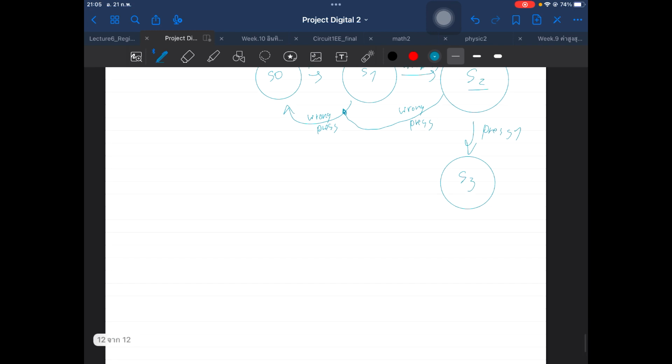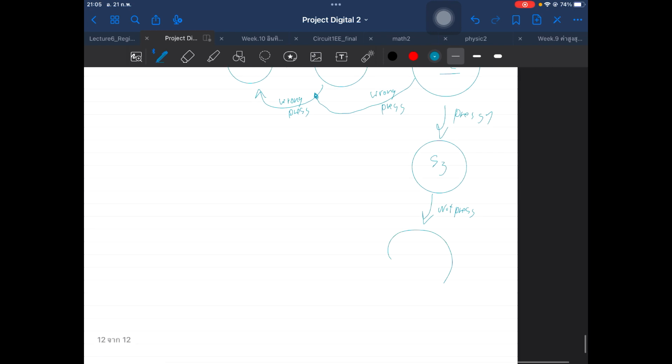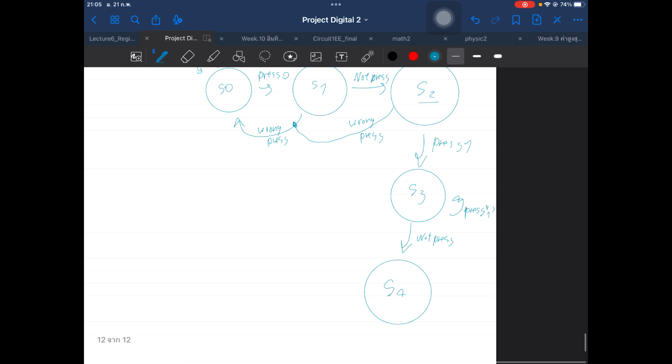In state 3, if you release the button, or in the not press case, it will go to state 4 immediately. But if you still hold the button, if you press 1, it will stay in state 3.